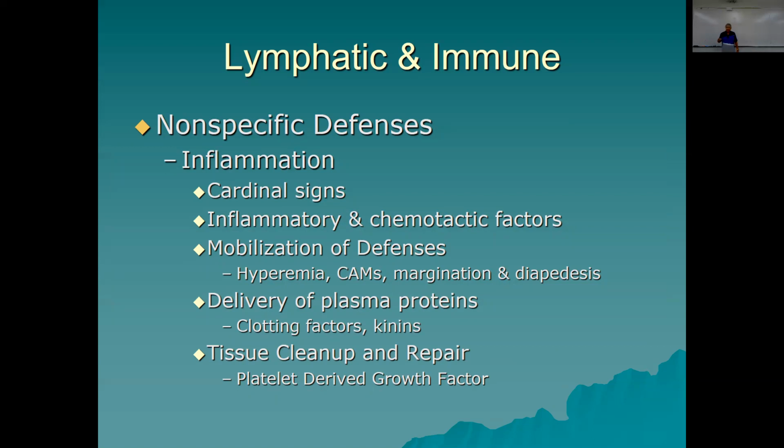Inflammatory and chemotactic factors are certain chemicals that are released by damaged tissues. One of those is called bradykinin and other kinds of kinins, which increase capillary permeability, so more fluid leaves capillaries. That's one reason why damaged areas swell up.